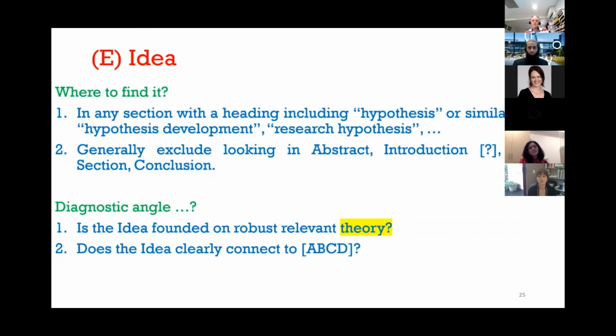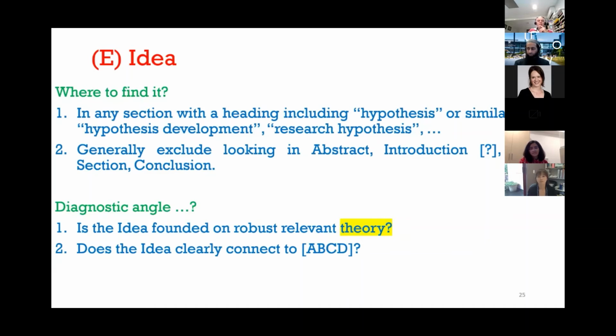I mean, often we see sections that are literature review and hypothesis development, or research hypothesis, or something like that. There'd be quite a few papers where, if you look for that title, that heading, you won't see it. So, you know, it'll let you down, but that's the sort of thing that you're looking for.